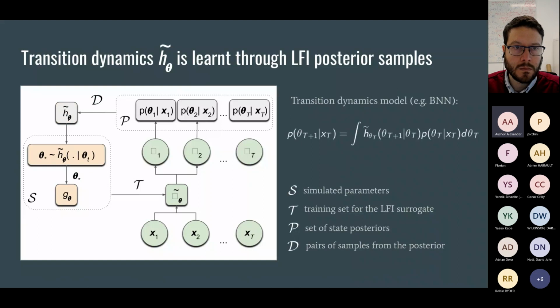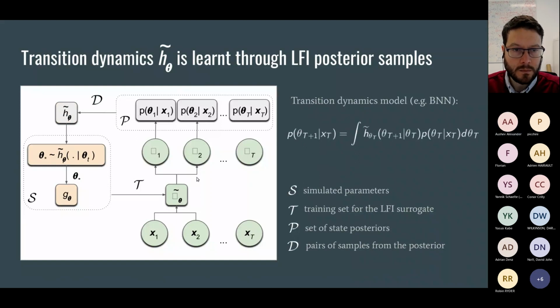So one part of the solution is to use a multi-objective surrogate in the setting. And another part is to learn the transition dynamics, which is denoted as H theta with a wave above.